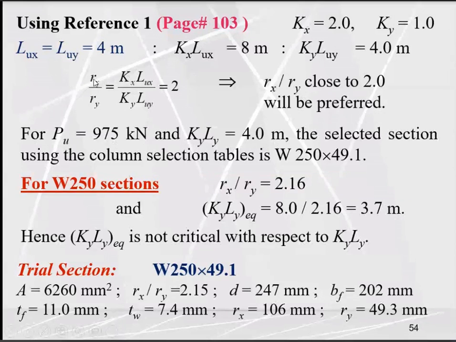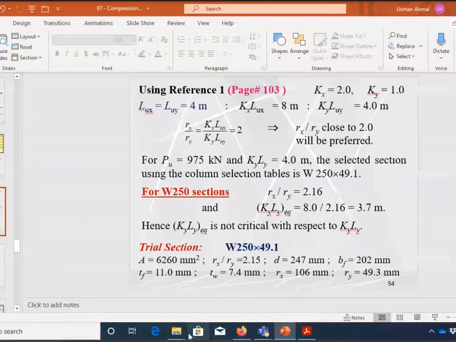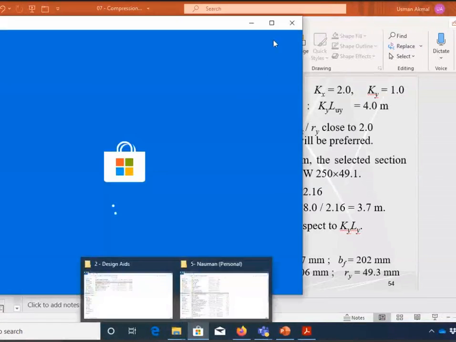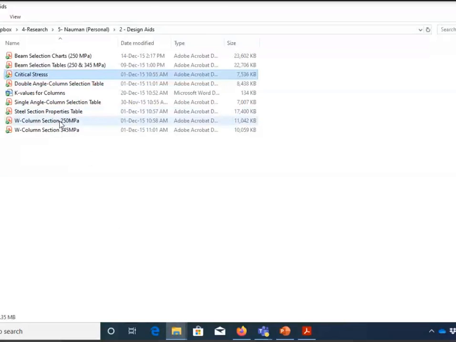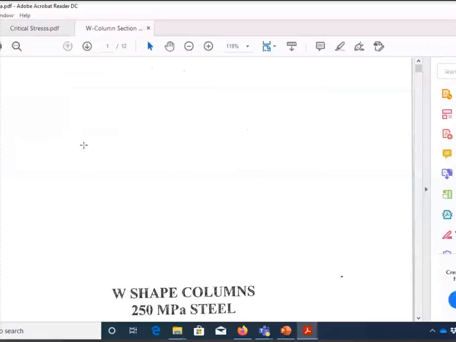At the start, if you don't want to consider this criterion, I will also give you one alternative. One alternative is that you just consider Pu, which is 975, and the effective length about the y-axis. So you are having the W column selection table.